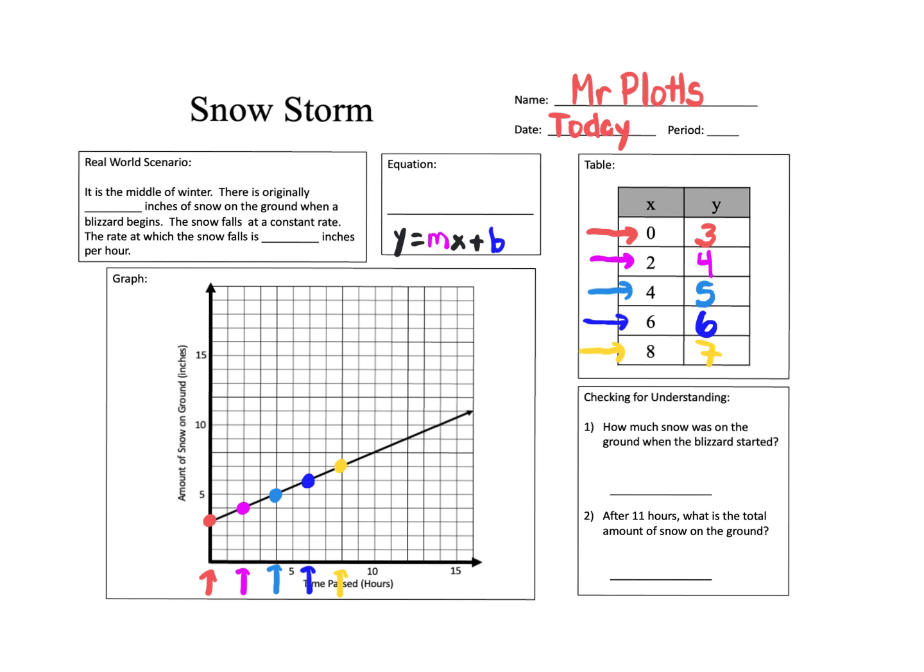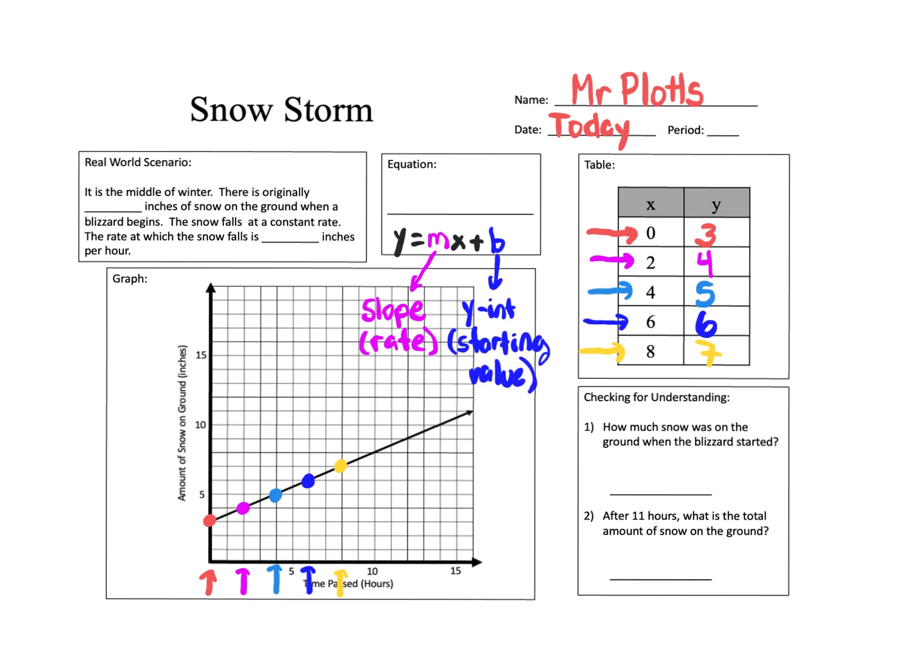So remember that m stands for the slope, which is also going to stand for, we're going to find out, the rate. And the b stands for the y-intercept, and it's also going to be a starting value or initial value.